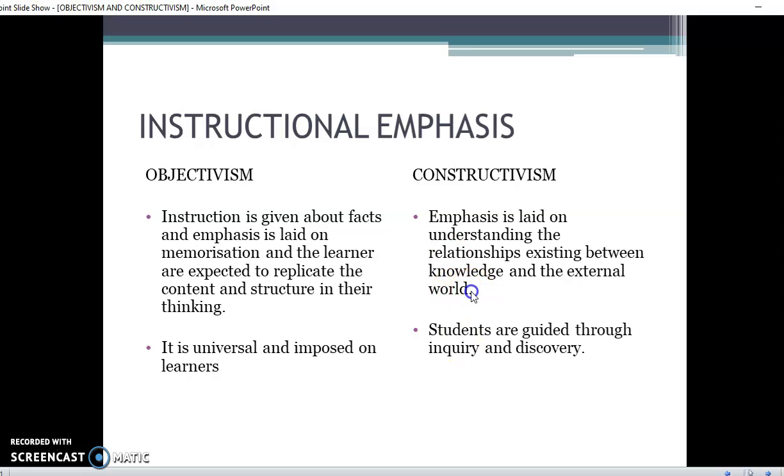So the teacher would give them some illustrations or examples which can help them relate. Take the example of the same concept, the food web or food chain.